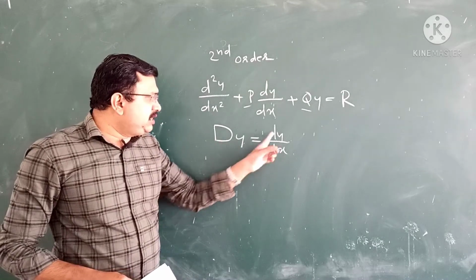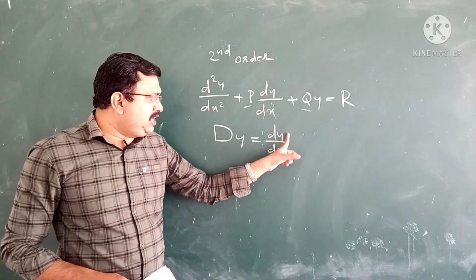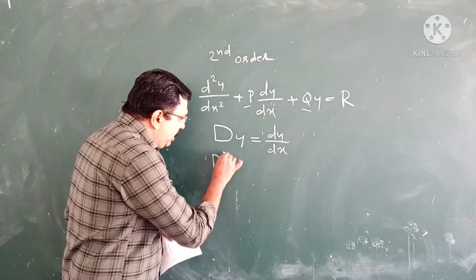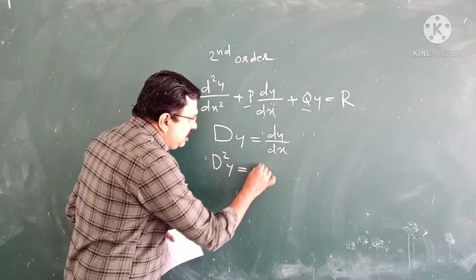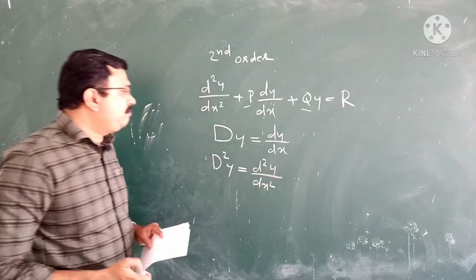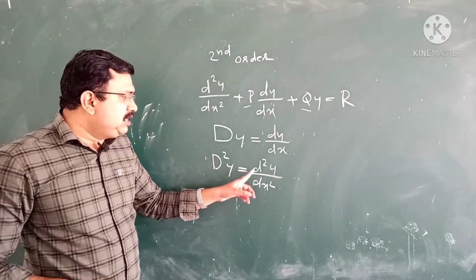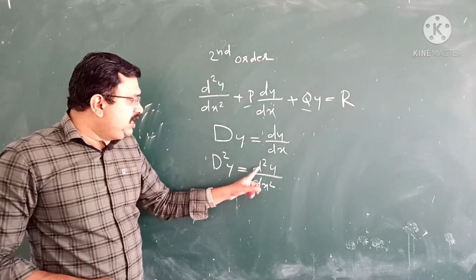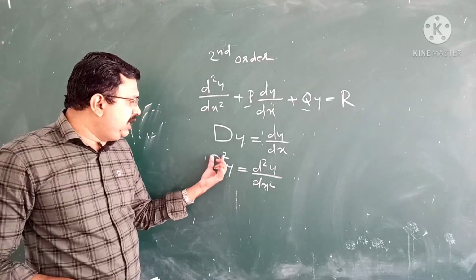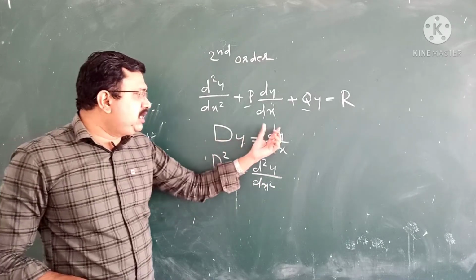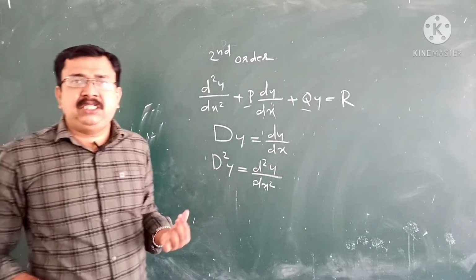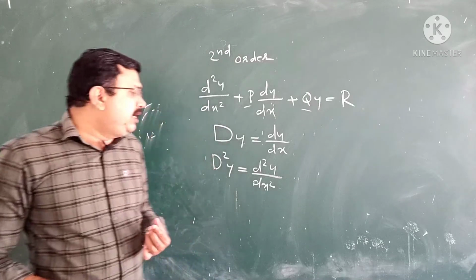Dy means the first derivative, that is dy/dx. D²y means the second derivative, d²y/dx². D²y is represented using the symbol D squared, Dy is dy/dx. Then what is D³y? That is d³y/dx³.